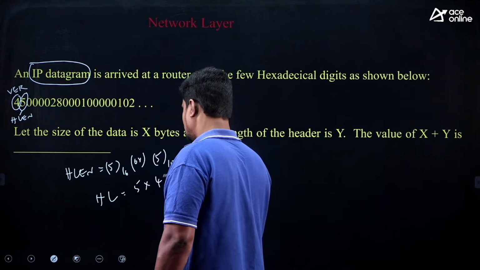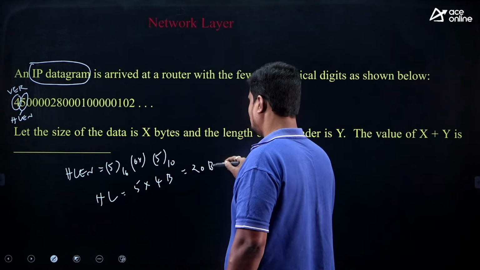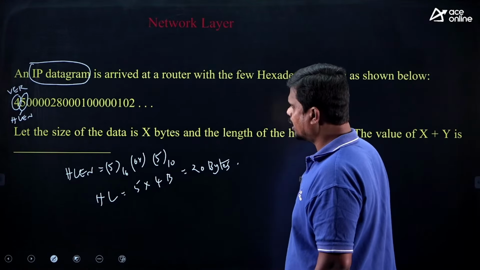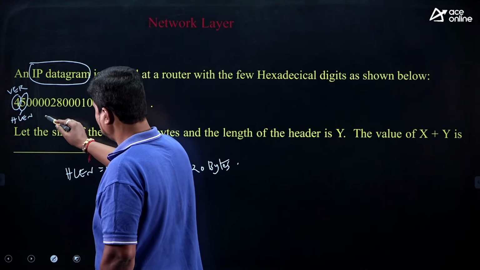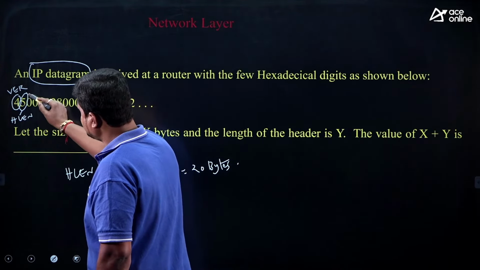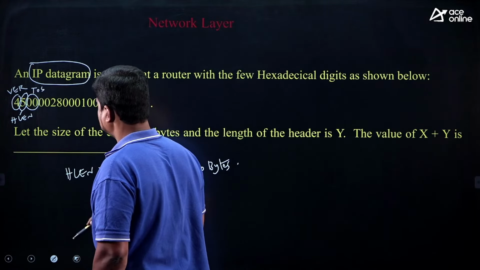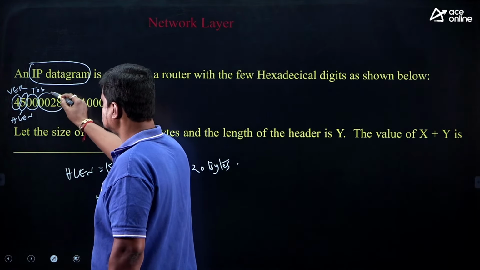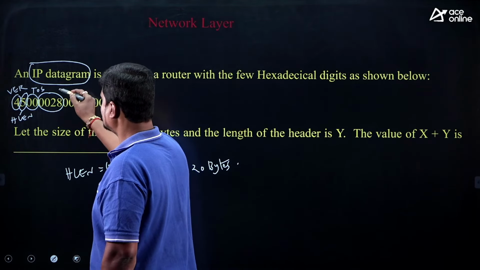HLEN into 4 bytes, 5 into 4, which is 20 bytes. Then the next 2 digits come under TOS, and the next 4 are your total length.